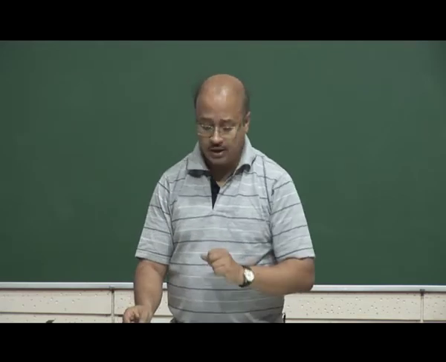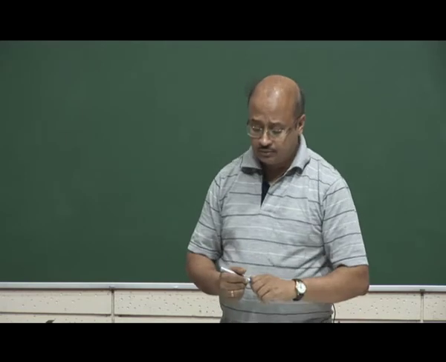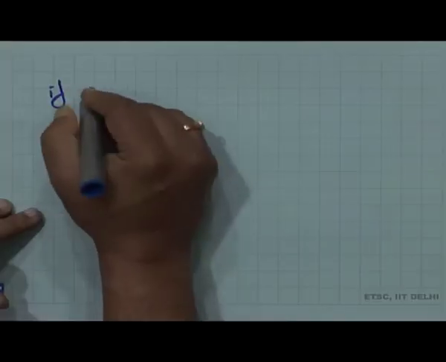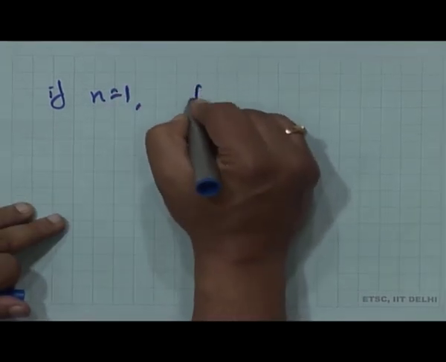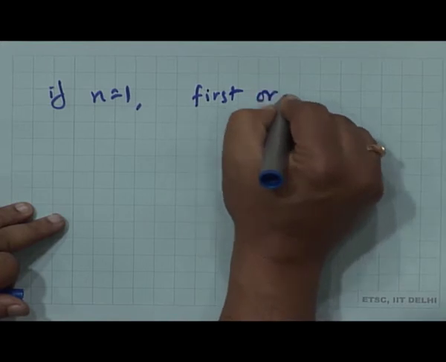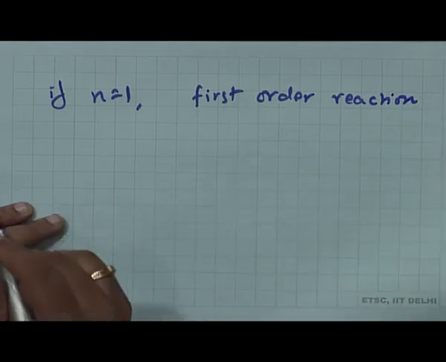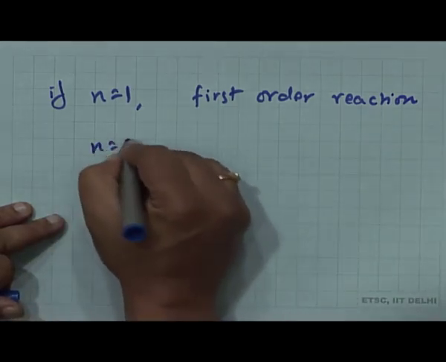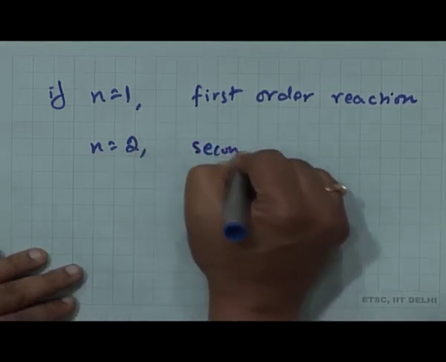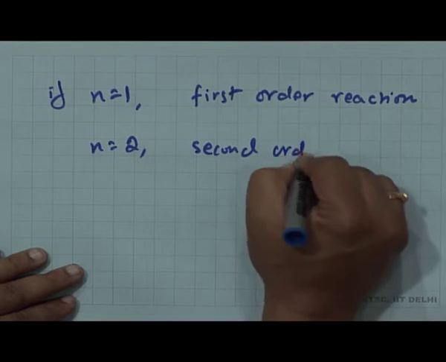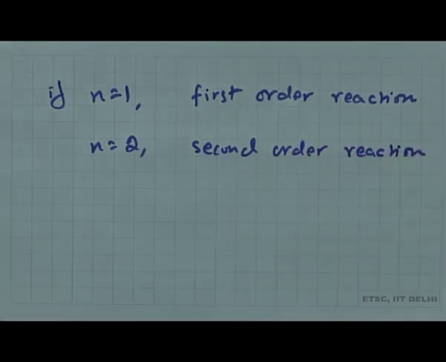So, what does this equation 2 tell us? What it tells us is this, that if n is equal to 1, then it is a first order reaction. If n is equal to 2, then we call it a second order reaction.